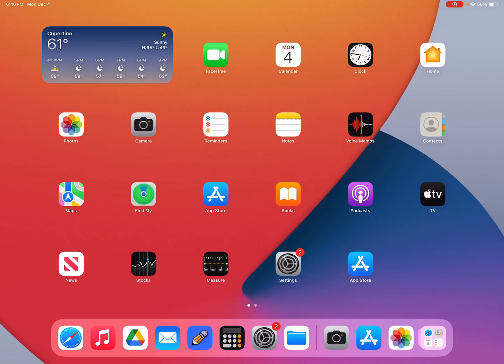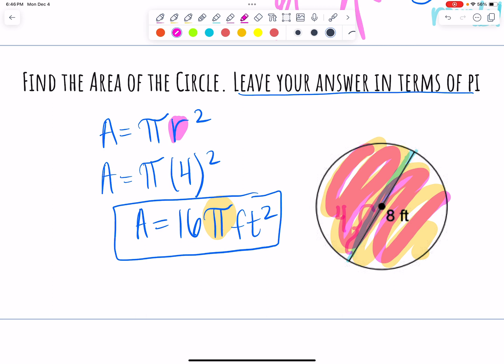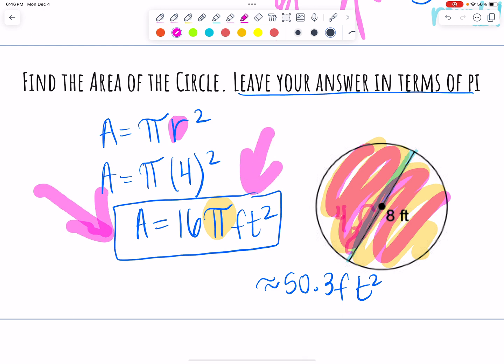So my exact answer in terms of pi is 16 pi, which is about 50.3, but again, that's rounded. The answer I'm really looking for, and a lot of times what it's going to be looking for on the ACT and standardized tests, is the exact answer. This is the exact answer, whereas this is the rounded answer.